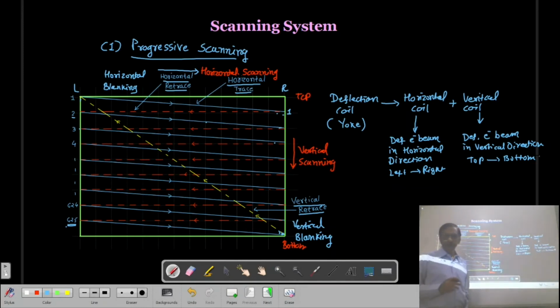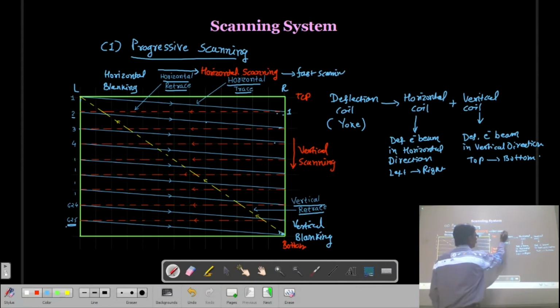Horizontal scanning is very fast. Remember, the electron beam is moving from left to right, that speed is very high. So this scanning is a fast scanning. And the electron beam is moving from top to bottom, vertical scanning, that is a slow scanning.